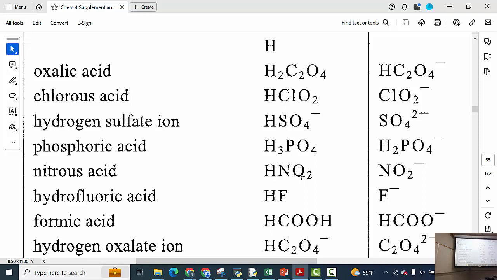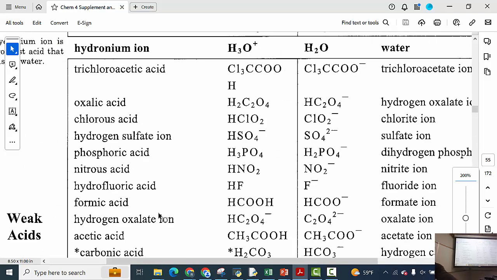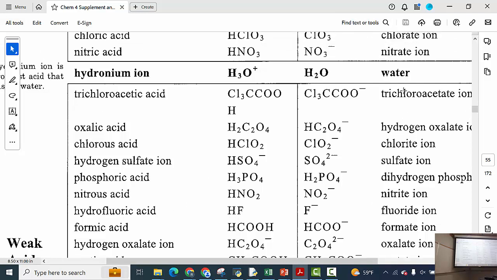What's this? Nitrous acid we talked about. HF? What is it? Here you can see the pattern. If the anion ends in IDE, then the acid is hydrofluoric acid.